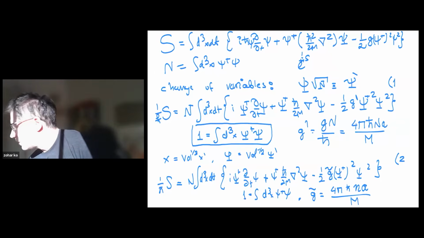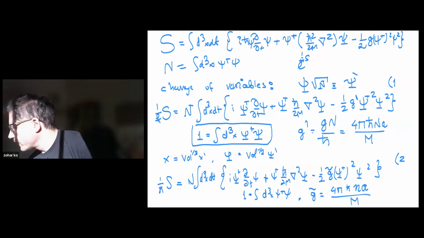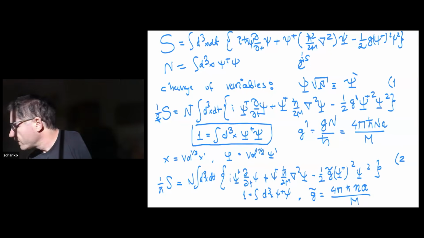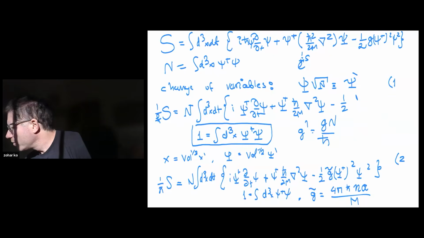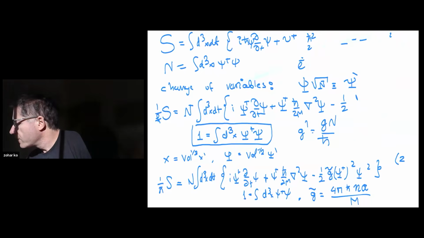I wish I could keep... I'll just erase all this. I just want to keep the last equation. Let's see if this is feasible. Not very convenient.